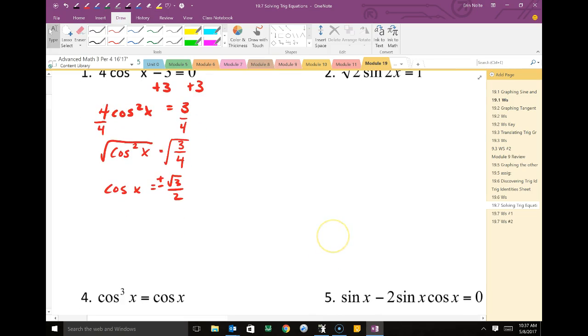Okay, so we're looking for a radian measure where the cosine, which is which variable, by the way? The x. So I'm looking for where the x value of the unit circle, or of the ordered pairs, is either a positive square root of 3 over 2 or a negative square root of 3 over 2. You should see 4 different places. What are they?